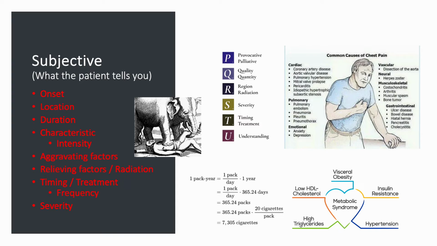So 1 pack a day over a year, that means that they've had 365 packs of cigarettes. And you multiply that by how many cigarettes are in each pack, they're actually smoking 7,305 cigarettes. This is equivalent to a 1 pack year. If they smoke 2 packs a day, then you would double this amount of cigarettes, 14,610, and you would have a 2 pack year history.